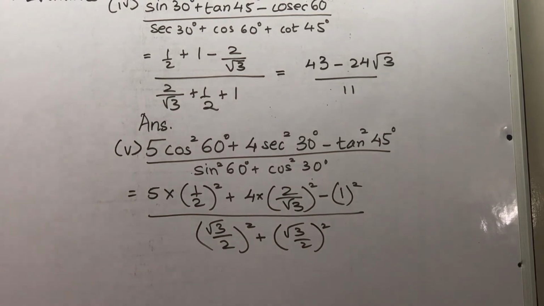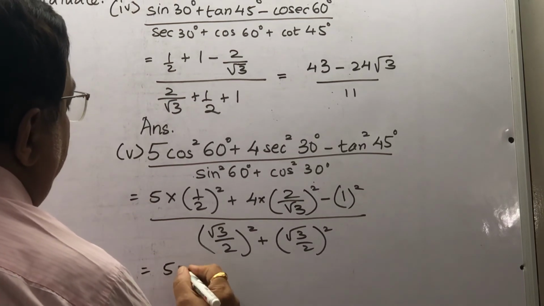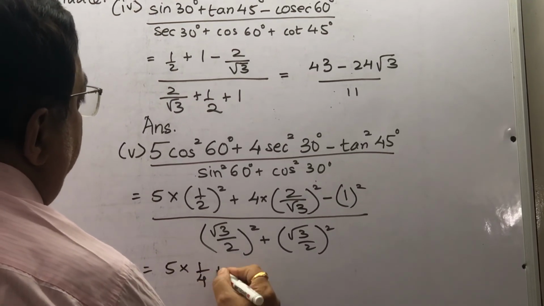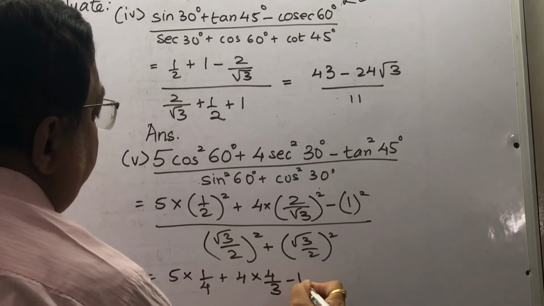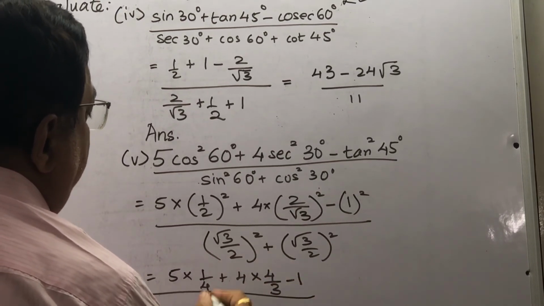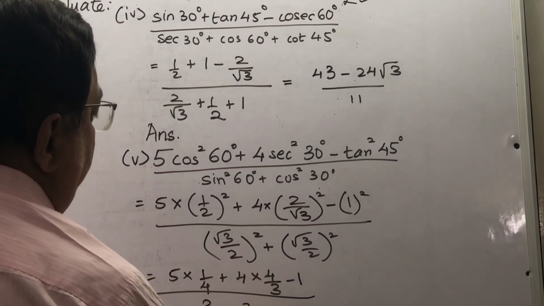When you solve further, this is extremely simple. So you will get 5 into 1 upon 4 plus 4 into 4 upon 3 minus 1, divided by root 3 will become 3, 2 will become 4, root 3 will become 3.